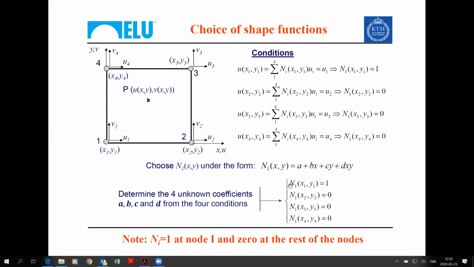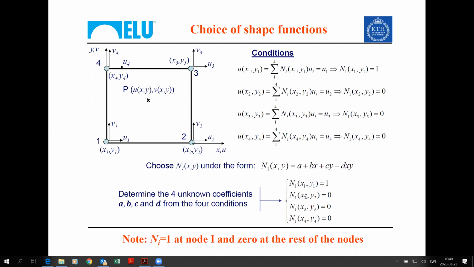Well, n1 should be equal to 1 for x equal to x1 and y equal to y1. So if I evaluate n1 at node 1, then I should get the value 1. Because the condition is that u of x1 and y1, which is the sum of form function times respective displacement, should be equal to u1. So n1 of x1 and y1 should be equal to 1.